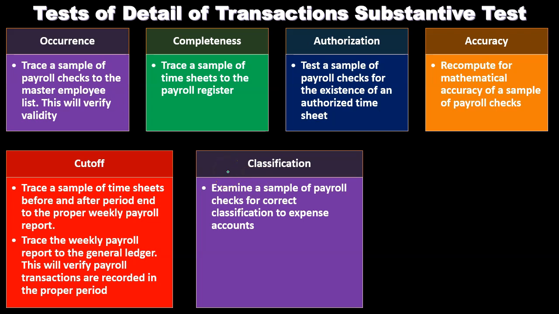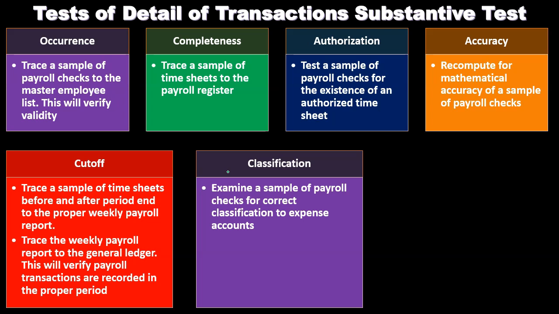Then you have classification issues that might be broken out between sales and administrative types of expenses. That can confuse things as well. And it gets a lot more confusing within the classification if you're dealing with a manufacturing company. Because then, of course, the people that work within the manufacturing process should be recording their payroll into the manufacturing process as they generate the inventory, and it'll be part of inventory.